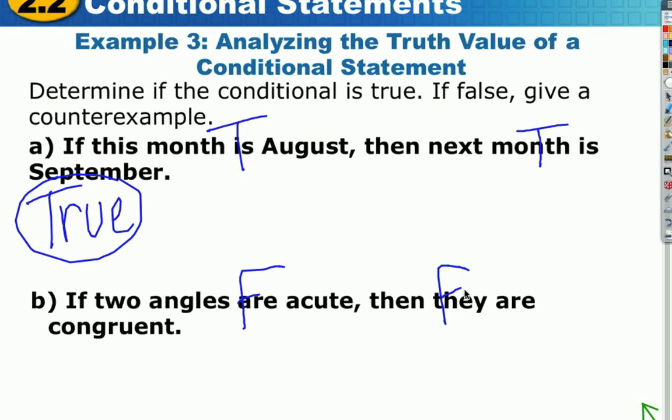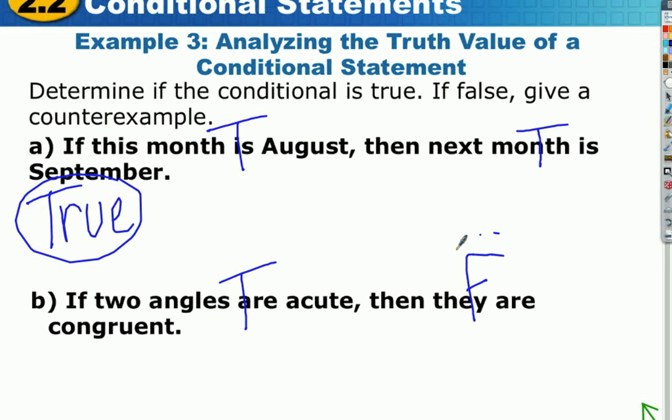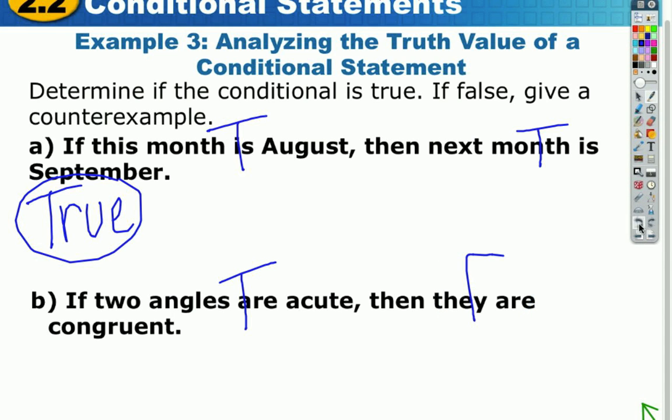We'll talk about that in a moment. That's where your brain's going to start to melt. The only time that the whole statement is false is if we have true and then false. And for that to happen, we need one counterexample. So, let's see what we can come up with for this one. If two angles are acute, then they are congruent.